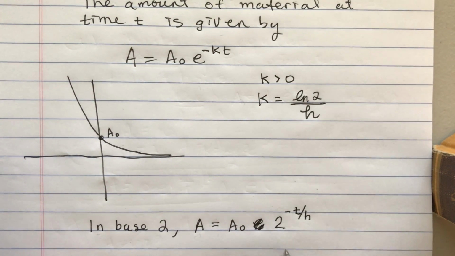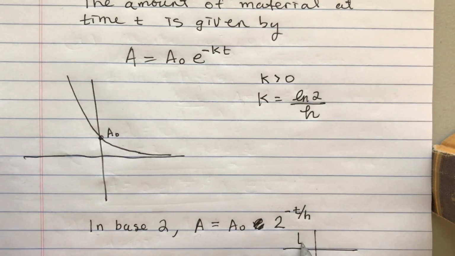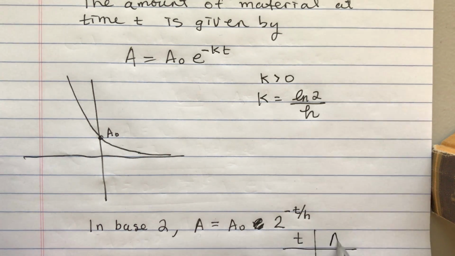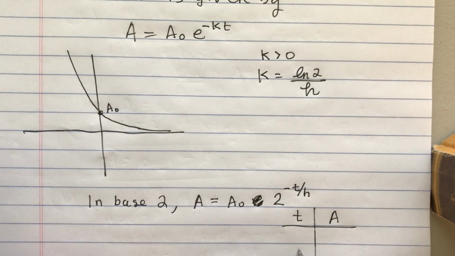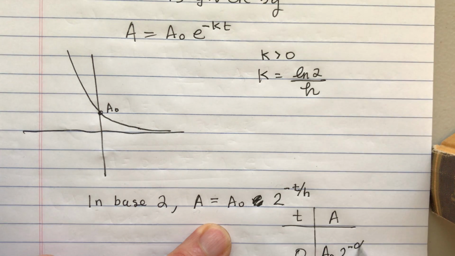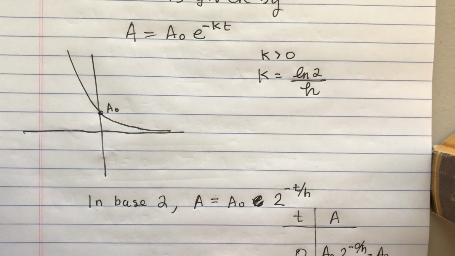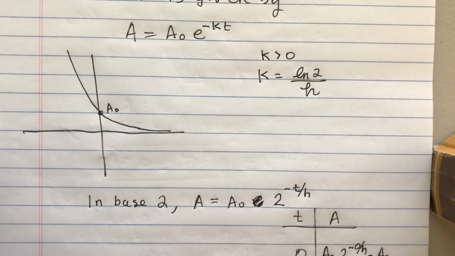Suppose you start off at time 0, then you're going to get A0 2 to the negative 0 over h, which is just A0, because 2 to the 0 is 1. But then if you have time h, we're going to get A0 2 to the negative h over h, and so that makes A0 2 to the minus 1, which makes A0 over 2, so it's half.